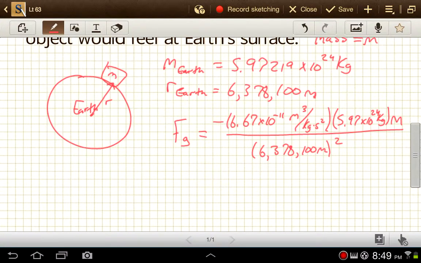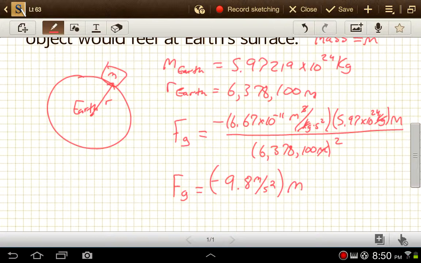So then the force from gravity is going to be equal to negative, and when we punch this into our calculator, we're going to end up with a number of negative 9.8. The units we're going to get here would be, let's see, the kilograms will cancel, two factors of meters will cancel, and we'll just have meters per second squared times our mass, m.